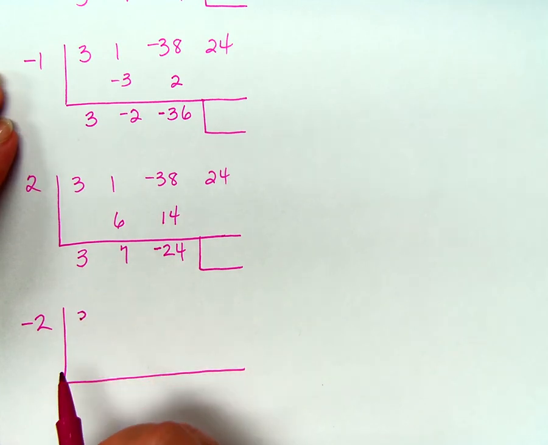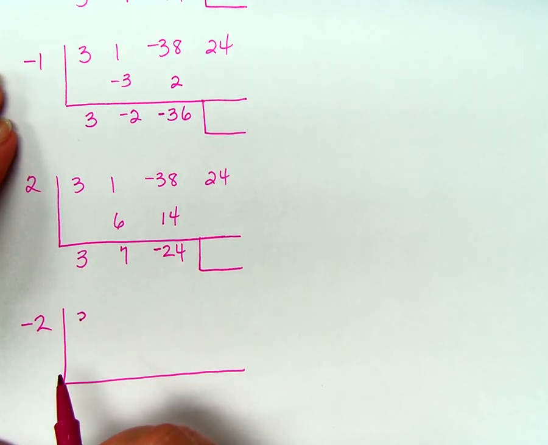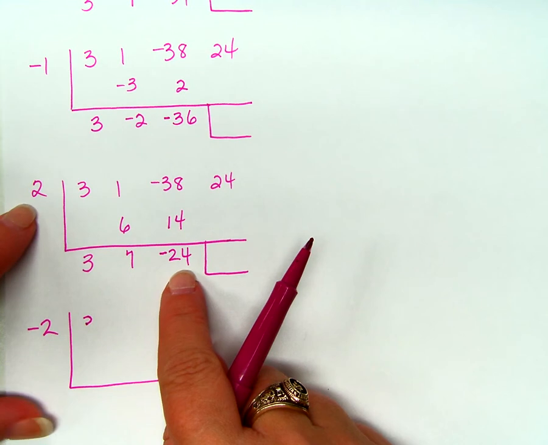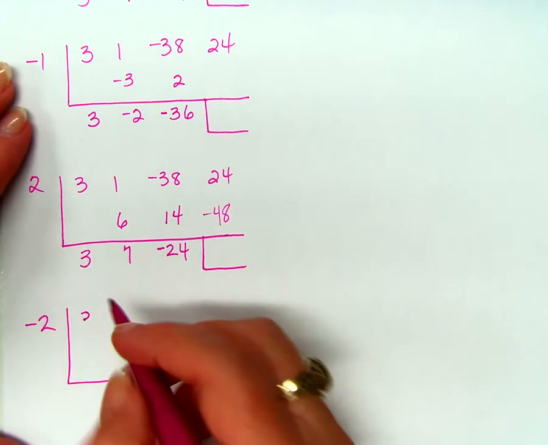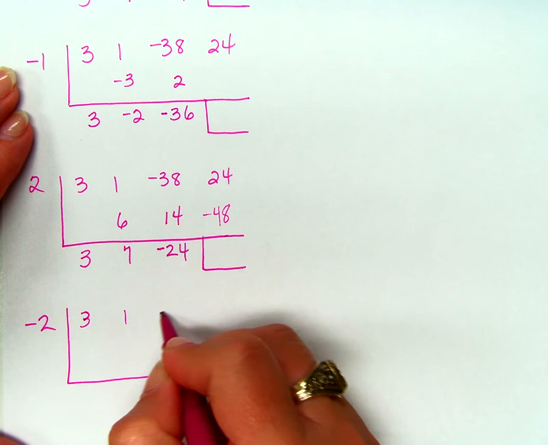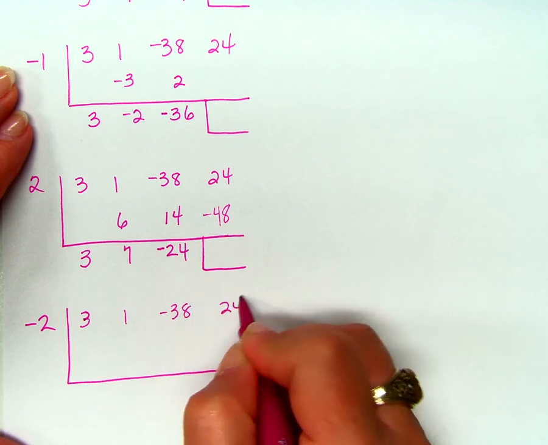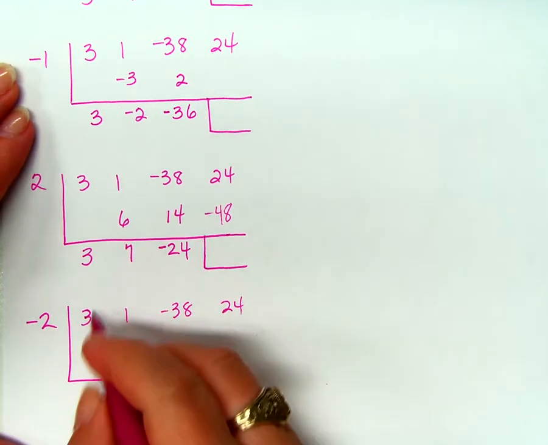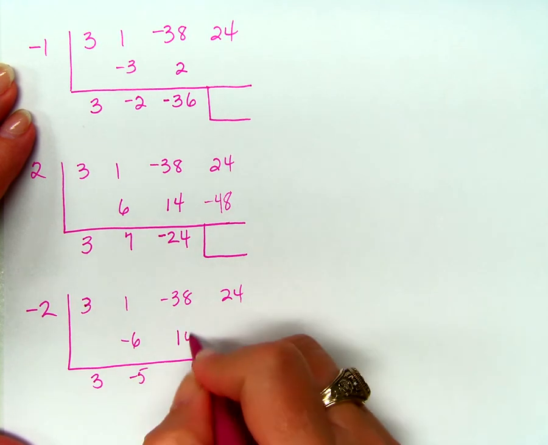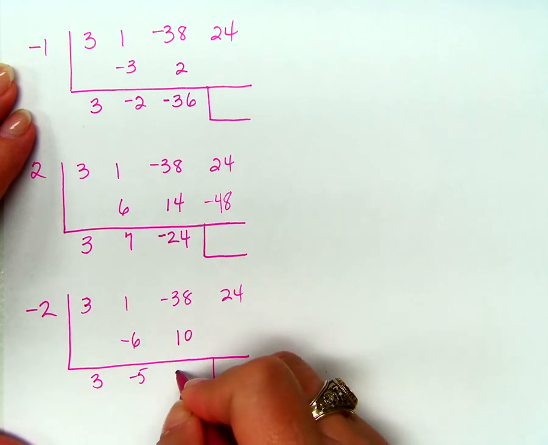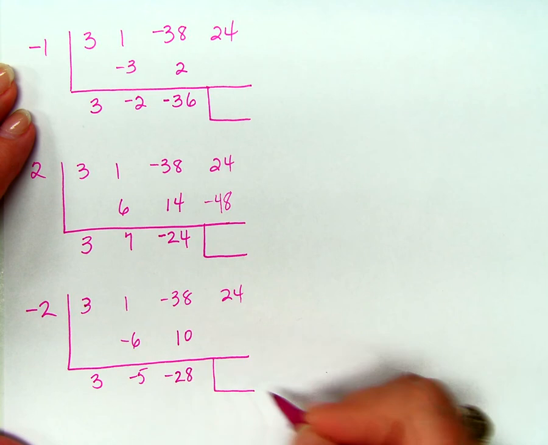What did I do? Yeah, I'd have to multiply it by 2, right? Negative 48. That's alright. 3, 1, negative 38, 24. 3, negative 6, negative 5, 10, 28. Ugh.